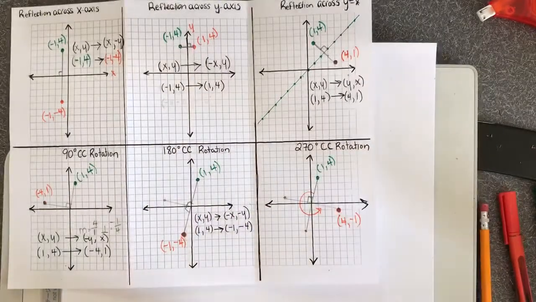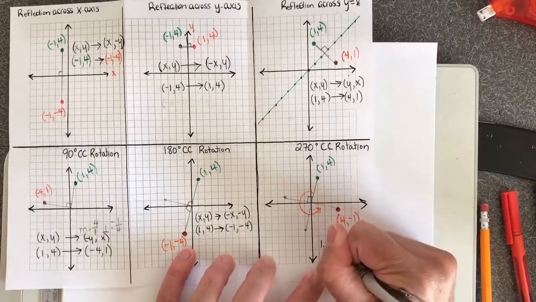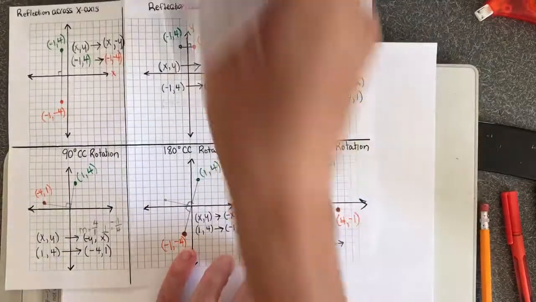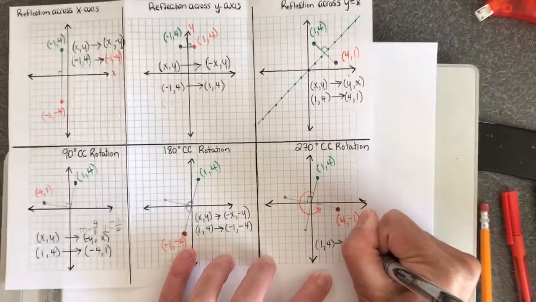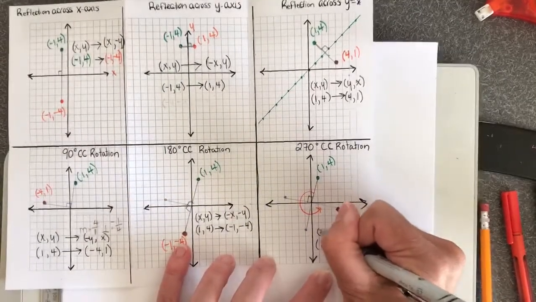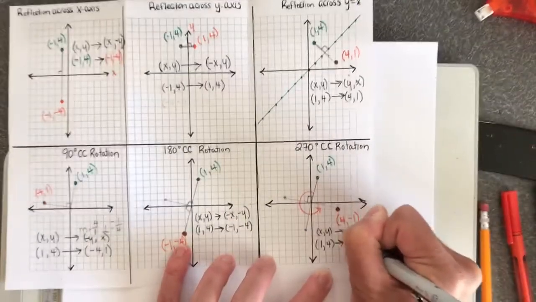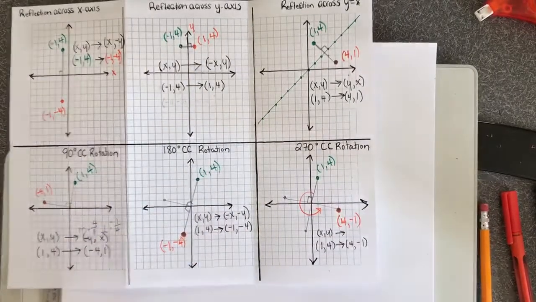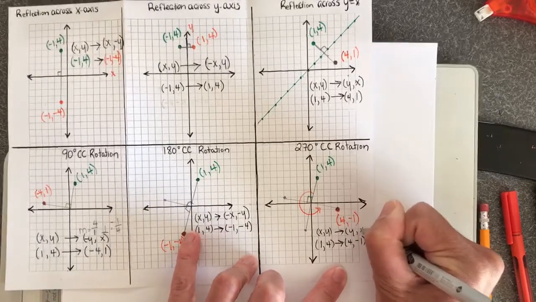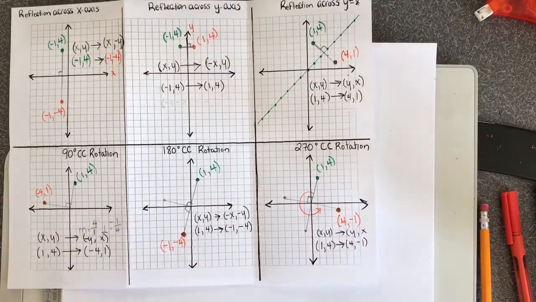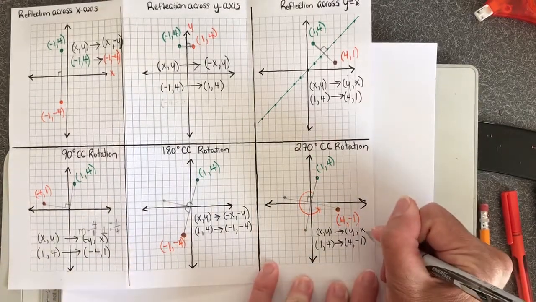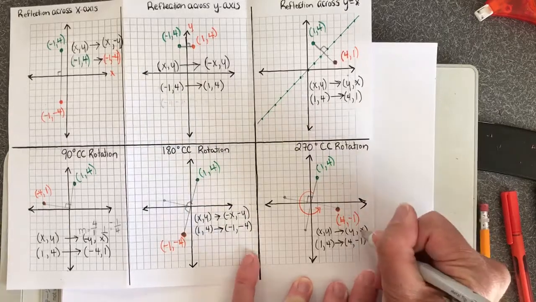So let's write that rule. 1, 4 becomes 4, -1. So it looks like (x, y) switches to (y, x), and then it appears that we changed the sign on the x.